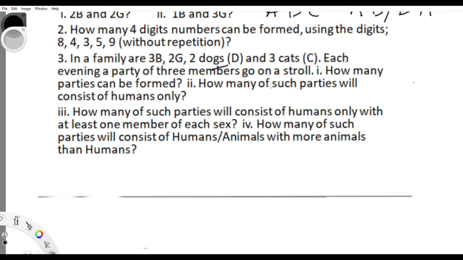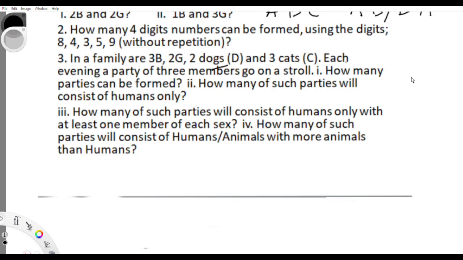Now this question we solved the other time is very different from this one we are about to solve now. Very different. Now, how many of such parties will consist humans but at least a member of each sex? Now this is what the question is really trying to say.